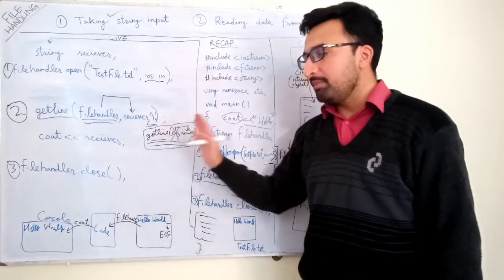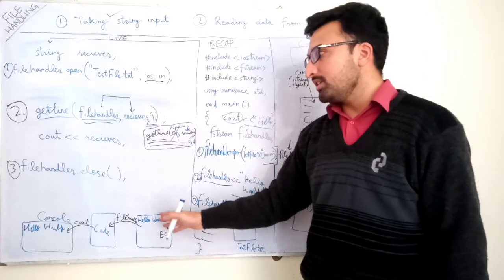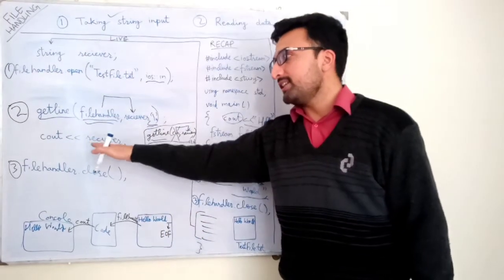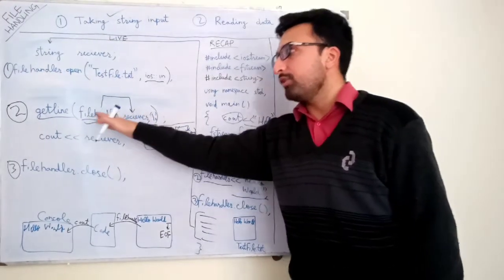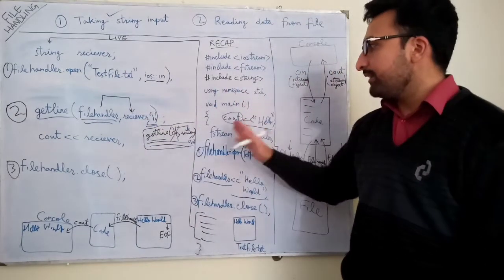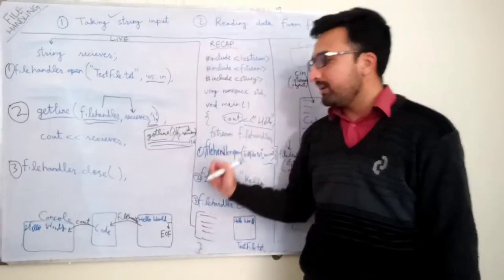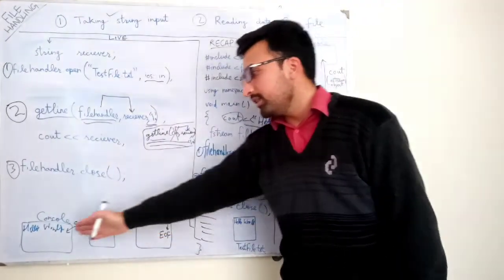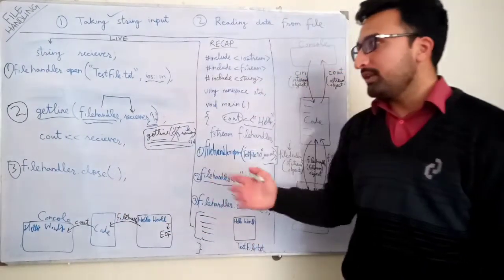Here the delimiter never came, end of file was reached, and it goes to the next line and prints whatever was received from the file through the object file handler present in the class fstream in the header file fstream. So we display it on the screen, and third, of course, we close the file.